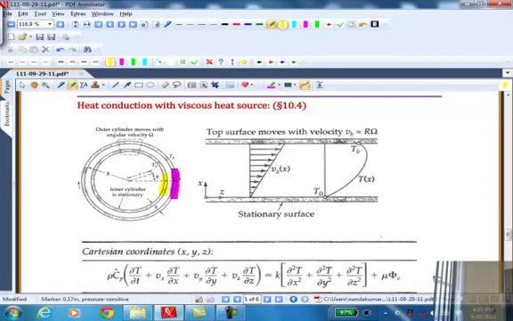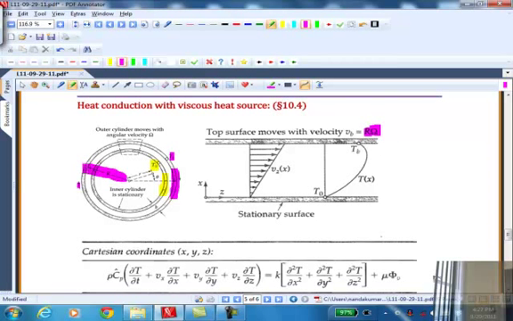The inner cylinder is fixed and the outer cylinder is moving with an angular velocity of omega, so its angular velocity is so many radians per second. So the outer one is spinning at an angular velocity of omega, so its linear velocity is omega times R, where R is the radius of the outer cylinder. You understand the description so far?